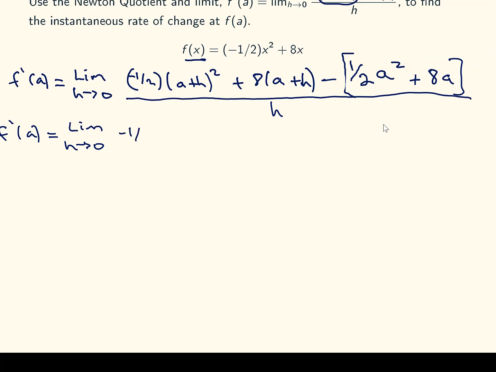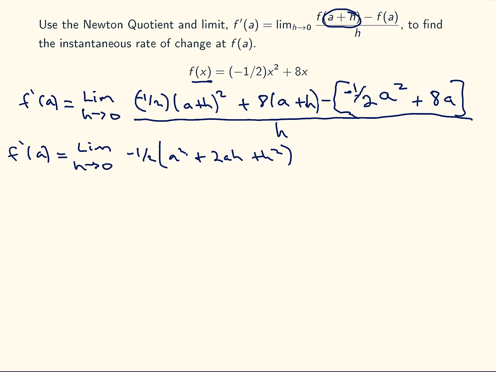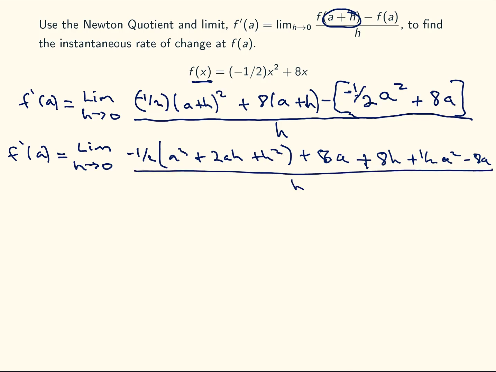And we've got negative 1/2 times (a squared plus 2ah plus h squared), and then we get plus 8a plus 8h minus negative 1/2 a squared, or I should say that's a plus 1/2 a squared minus 8a. The whole thing is going to be divided by h.